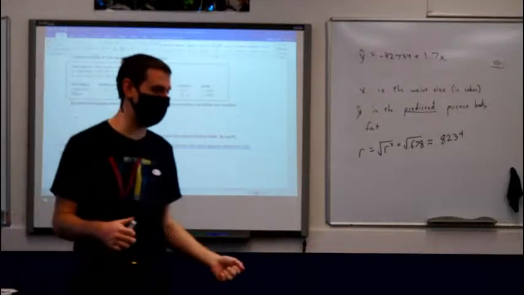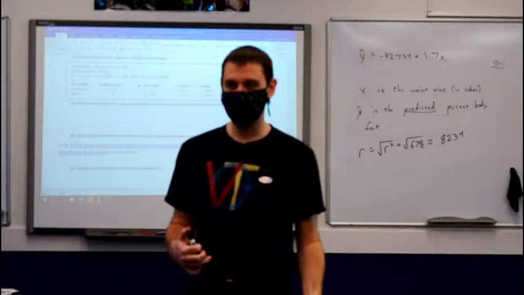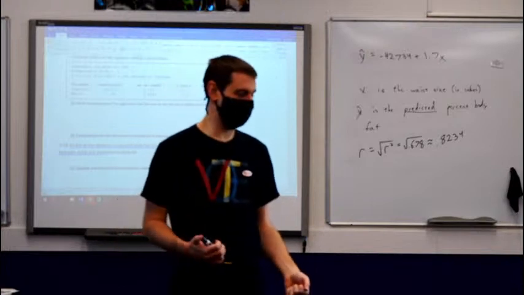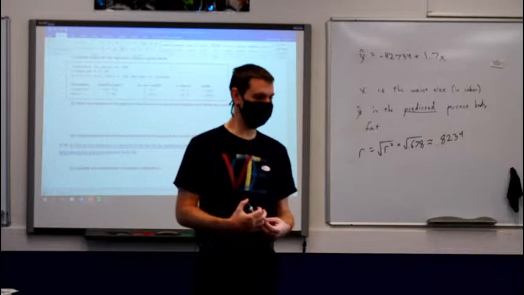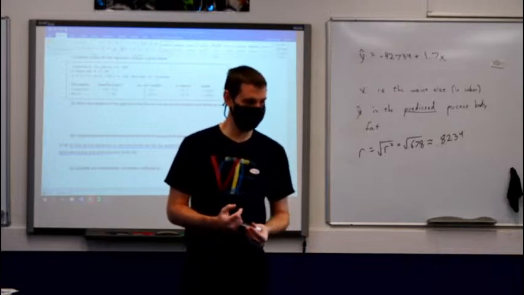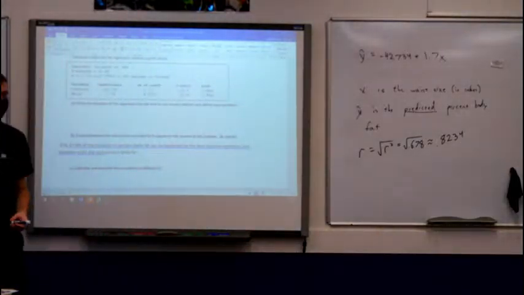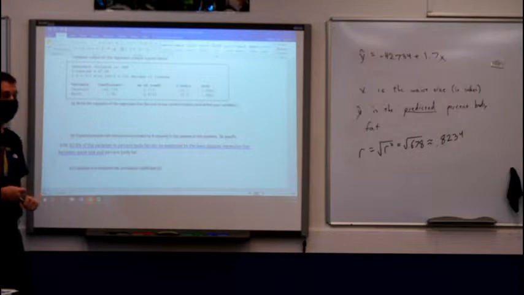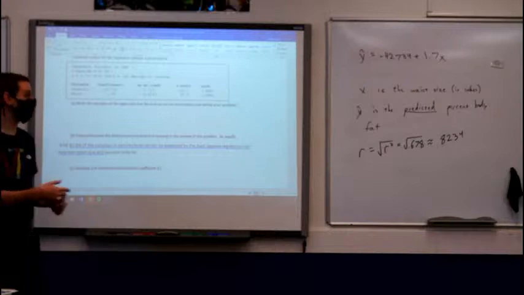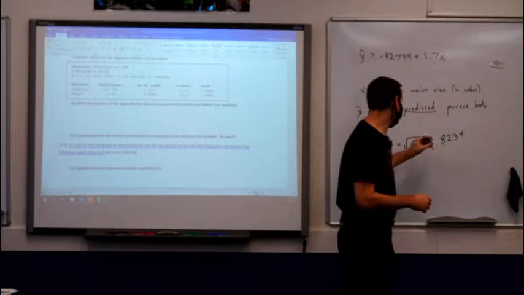And if R were negative, what would it tell you in the scatter plot? Right. Positive or negative association. And does this have a positive or negative association? How do you know? Slope is positive. Slope is positive means positive association, means positive R.